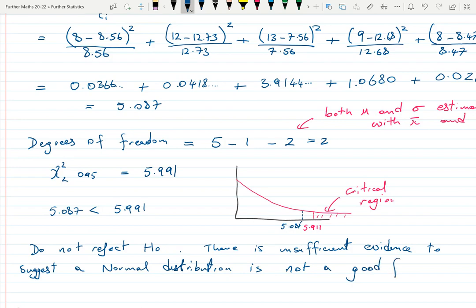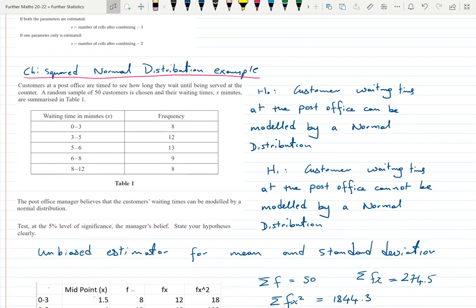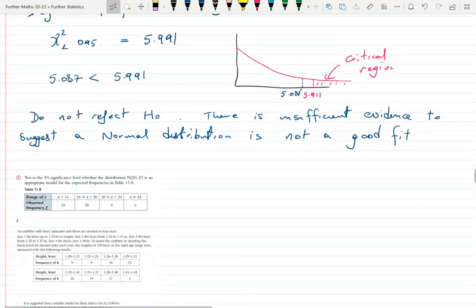So it might be that the normal distribution is a good fit, but we don't know that. Of course, you never do with any hypothesis test, but particularly here. It was about customer waiting times at the post office.